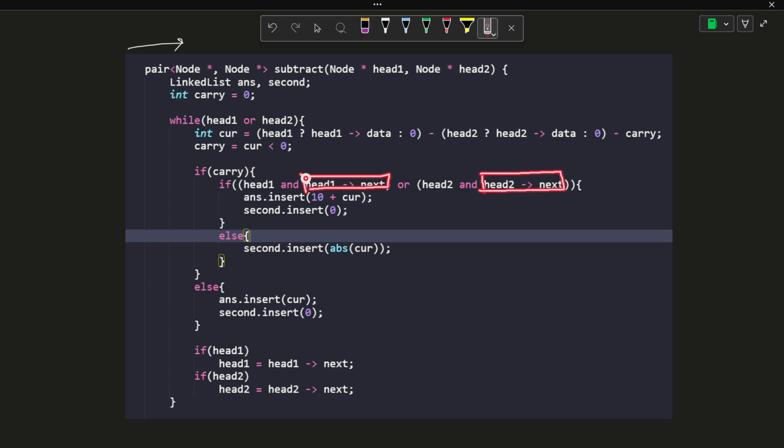For checking the next node, I also have to check whether the current node is itself a null pointer or not, because if the current node is a null pointer, then the next will never exist. So I first check whether the current is null pointer or not. If it is not null pointer, I check whether the next is null pointer or not. So basically here I am trying to check whether either of them has a next node or not.